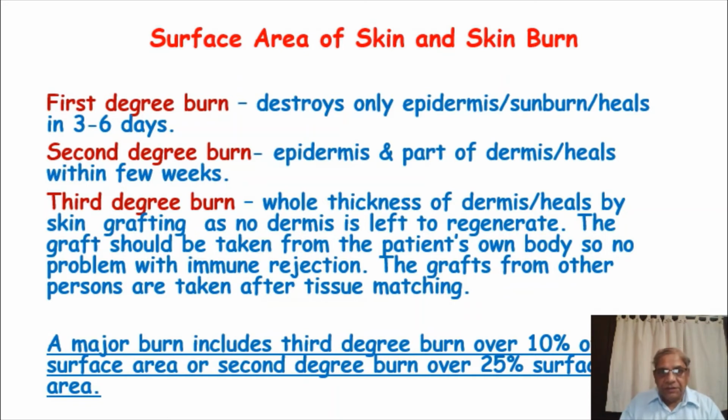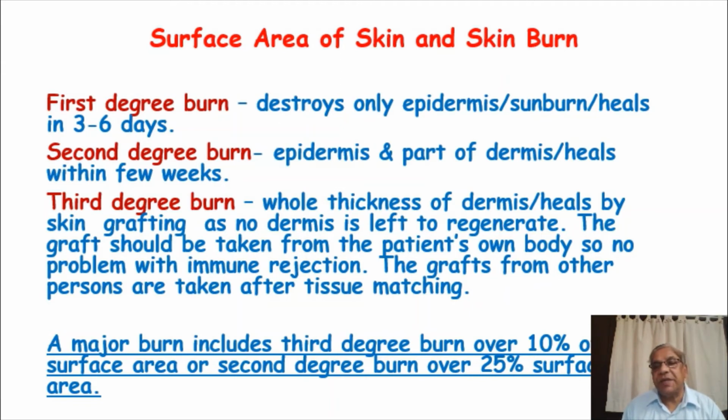Now this epidermis, if it is destroyed, this is as in case of the sunburn. If you are playing cricket outside in summer days, and then your skin becomes black, that is the sunburn. Now this sunburn heals very quickly within 3 to 6 days. And why does this sunburn heal very quickly within 3 to 6 days?